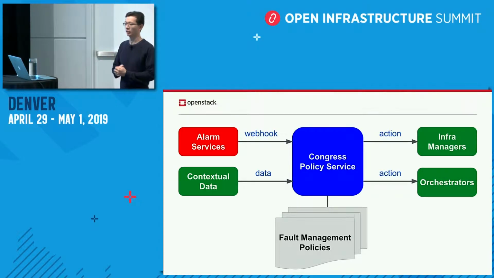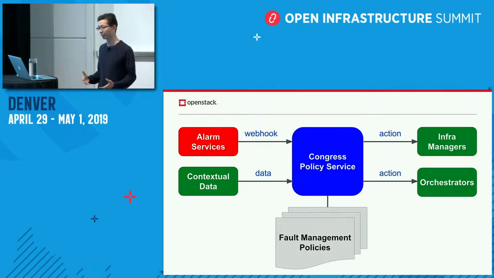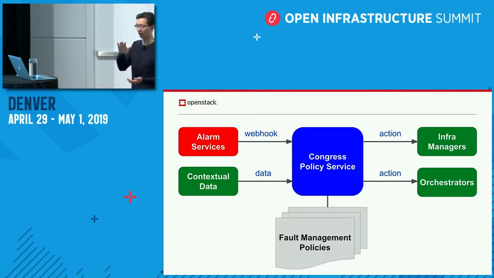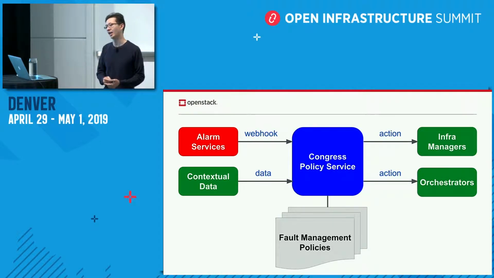Congress Policy Service then consults the fault management policies the operator has defined to make policy decisions on what needs to be done in managing these faults. And finally, taking actions, triggering actions on the basis of these policy decisions by talking to the infrastructure managers and orchestrations.